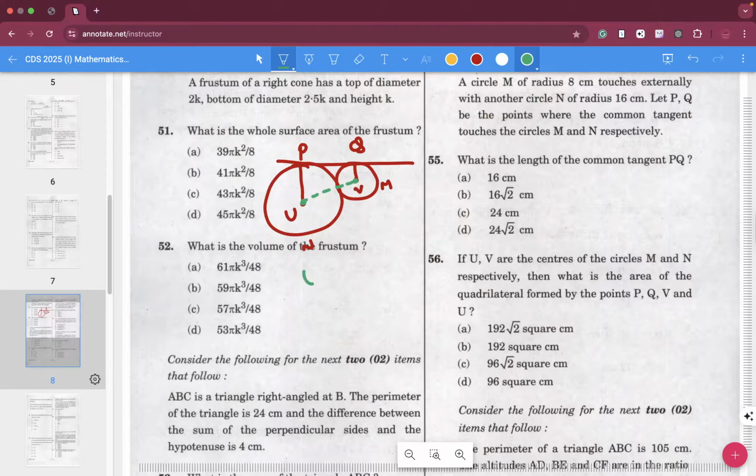So what is the distance between their centers? UV is going to be simply 16 plus 8, so 24.